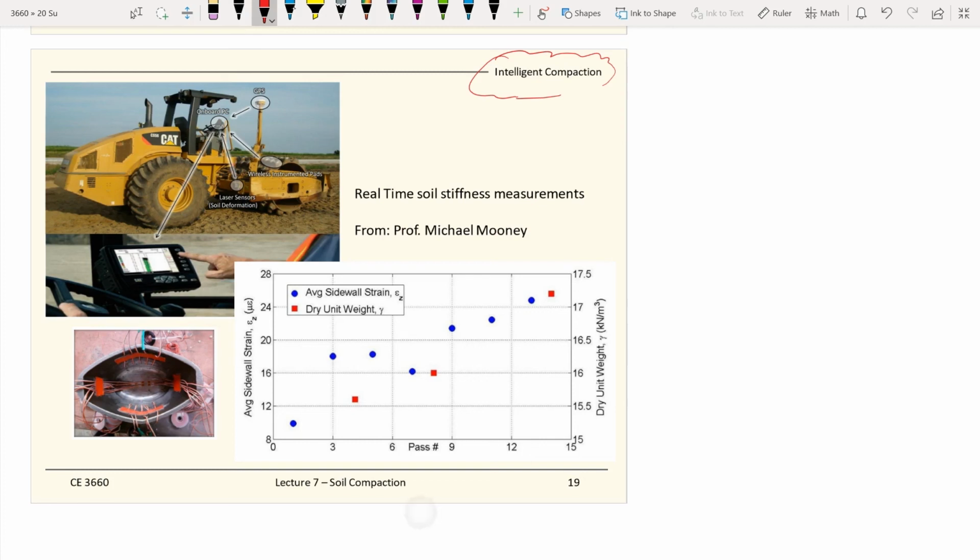They have strain gauges and other devices inside the compactor right there. So in real time, as the machine passes through the soil, they can collect data.